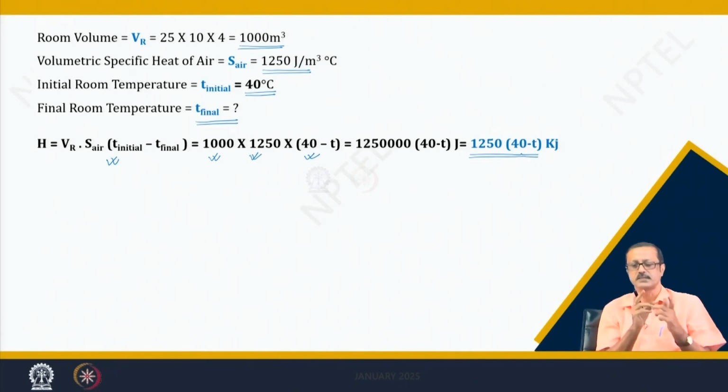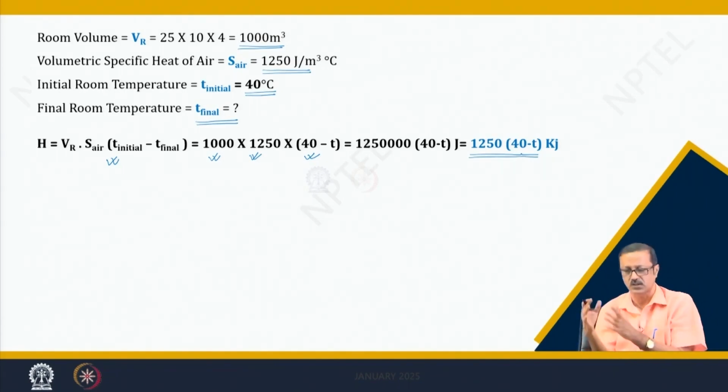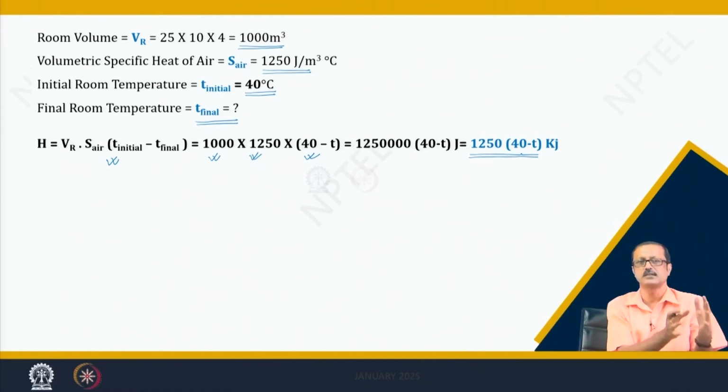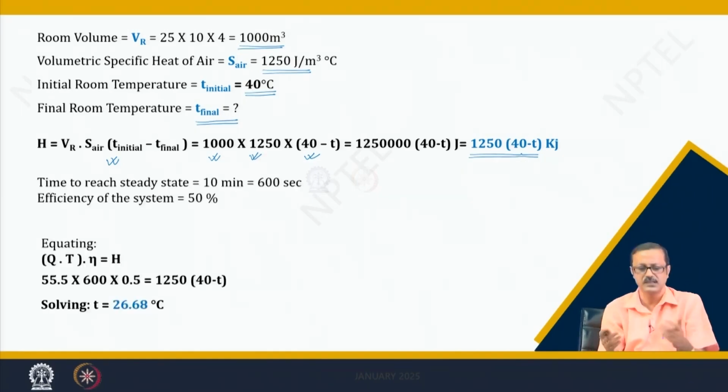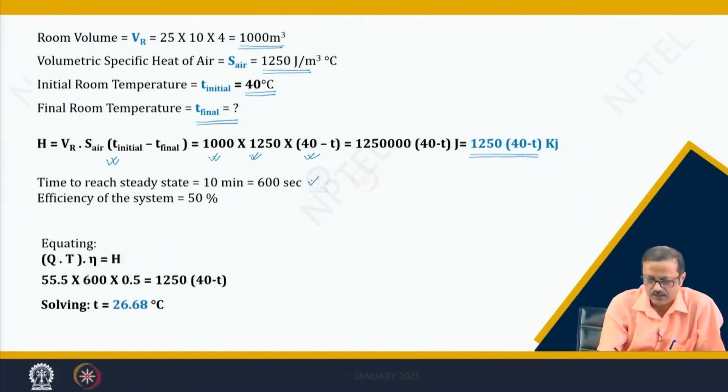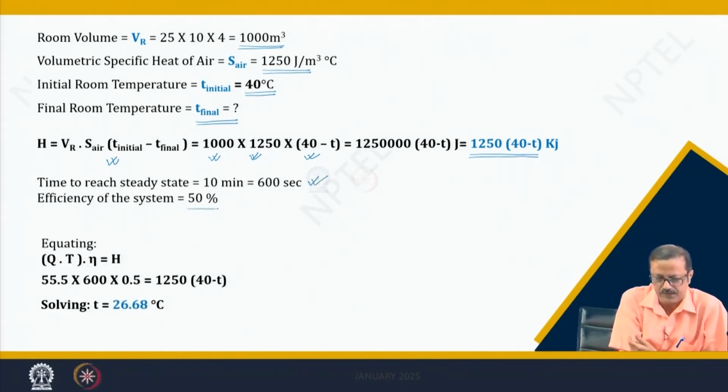If you remember, this heat H that comes out from the room will come in joule or kilojoule or megajoule, whatever it may be, but the Q is in the form of watt, kilowatt or something like that. So, I have to multiply with time. That time is given to me as 10 minute, which is equal to 600 second, and 50% is the efficiency.